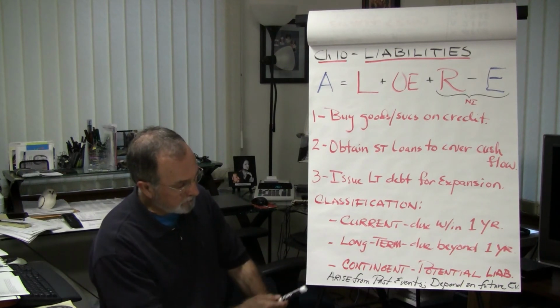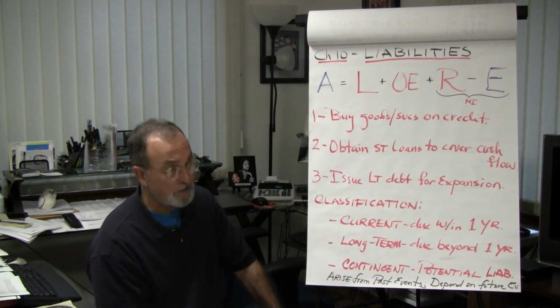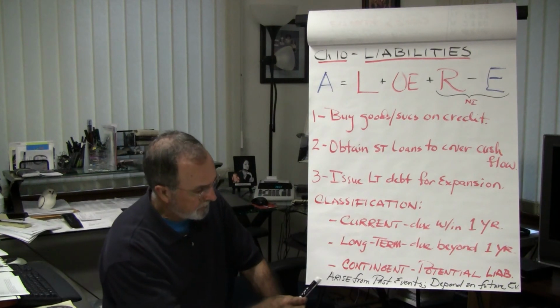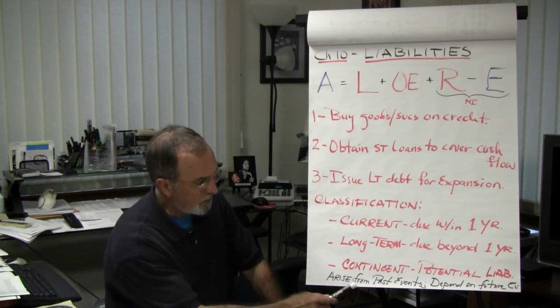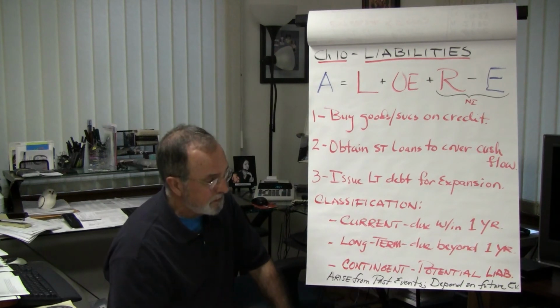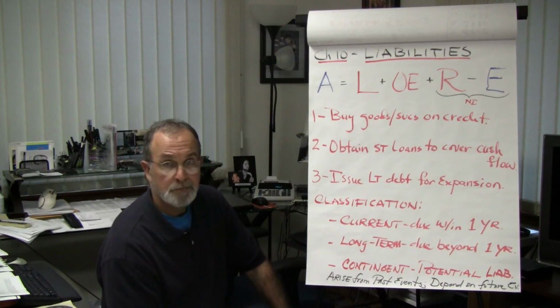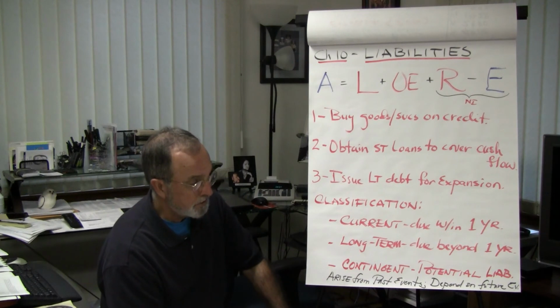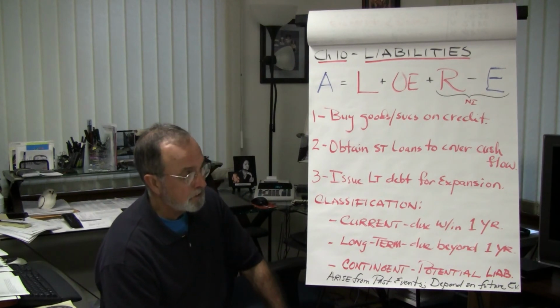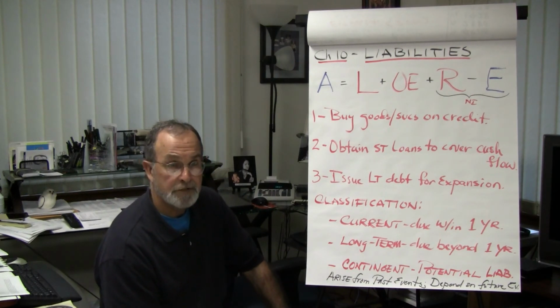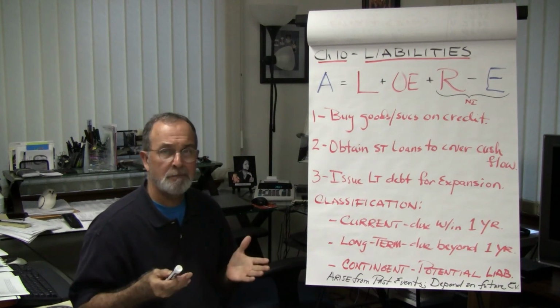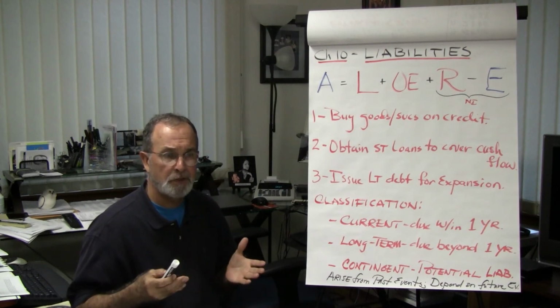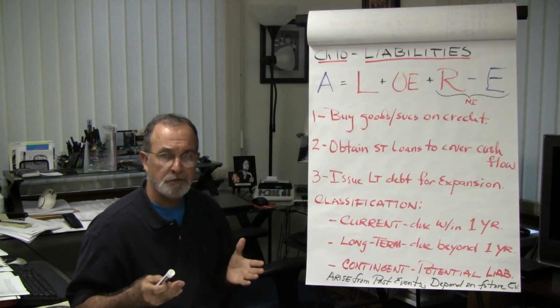A book explanation of a contingent liability would be a liability that arises from a past event, but final disposition of that potential liability depends on some future event. And probably the best example of a contingent liability is a lawsuit.